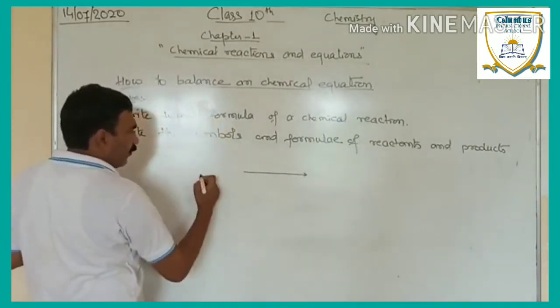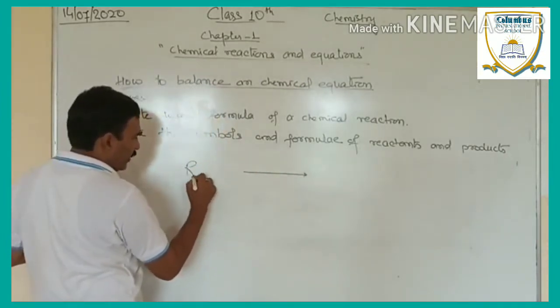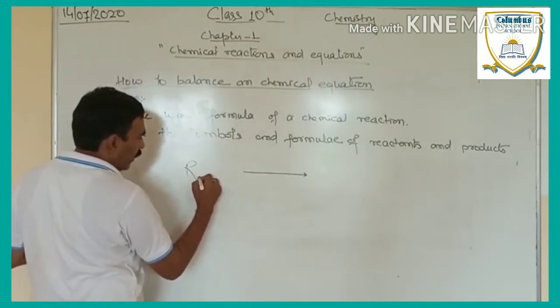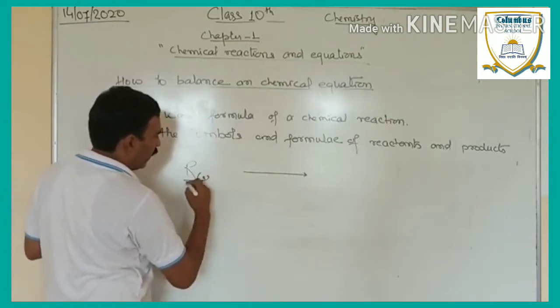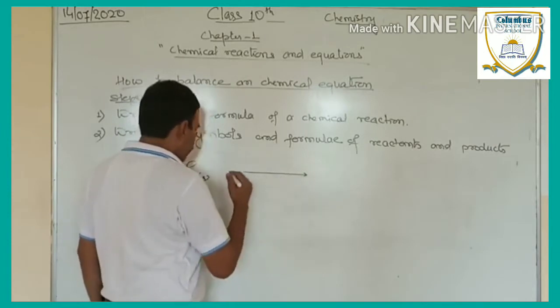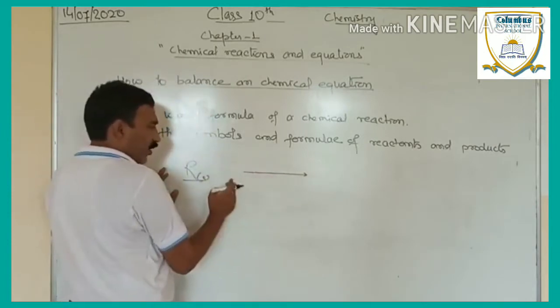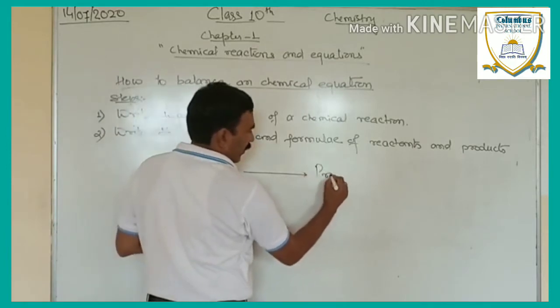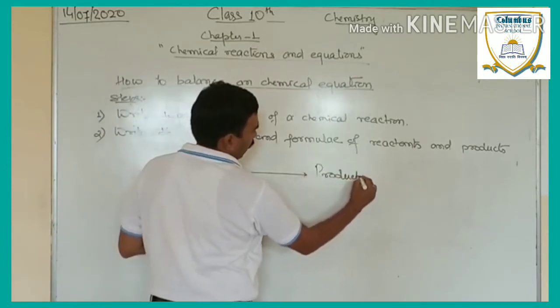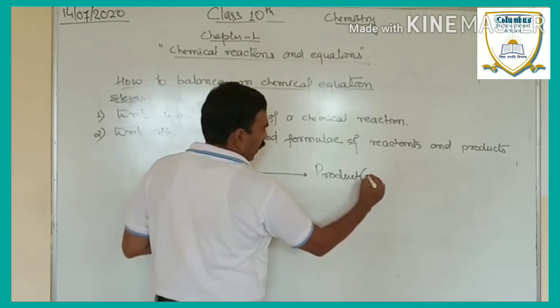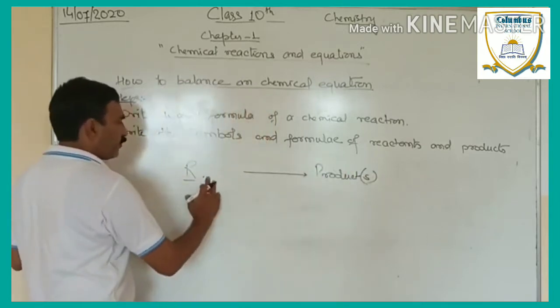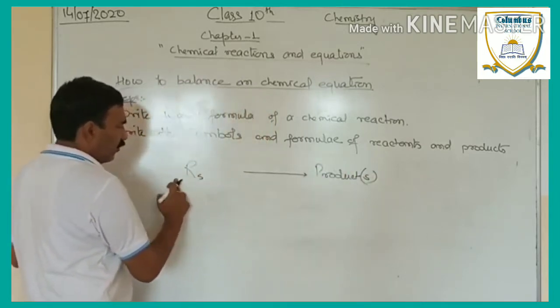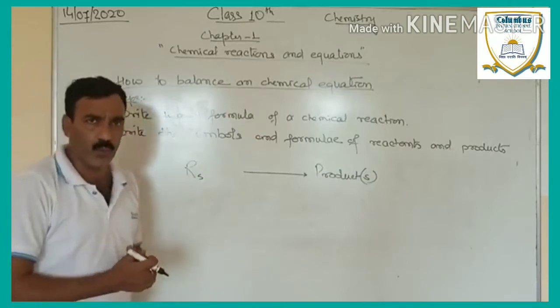On the left side of the arrow are the reactants, and on the right side of the arrow are the products. The product may be single or more than one. Reactants are always more than one.